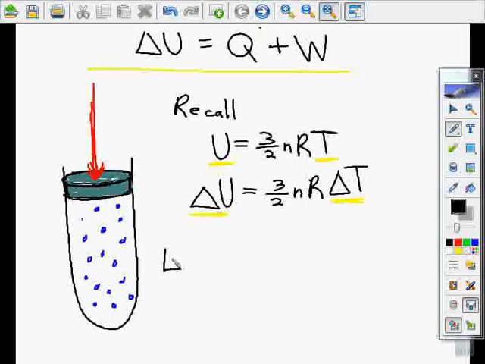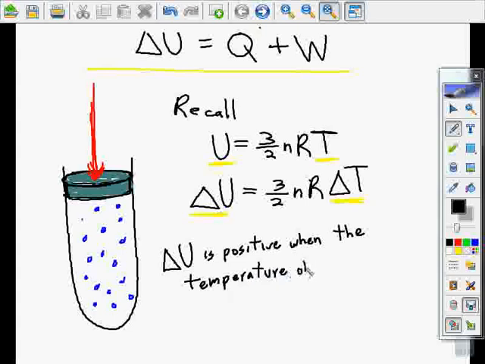So, delta U is positive when the temperature of the gas goes up, or I should just say increases.